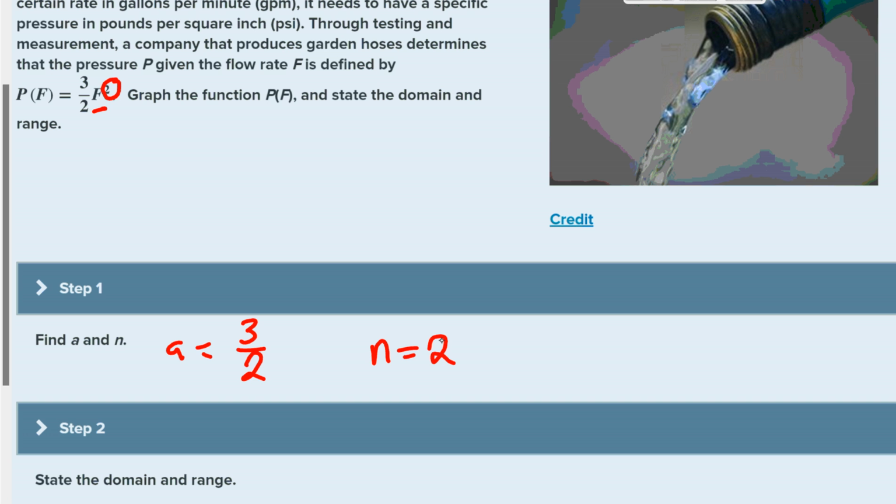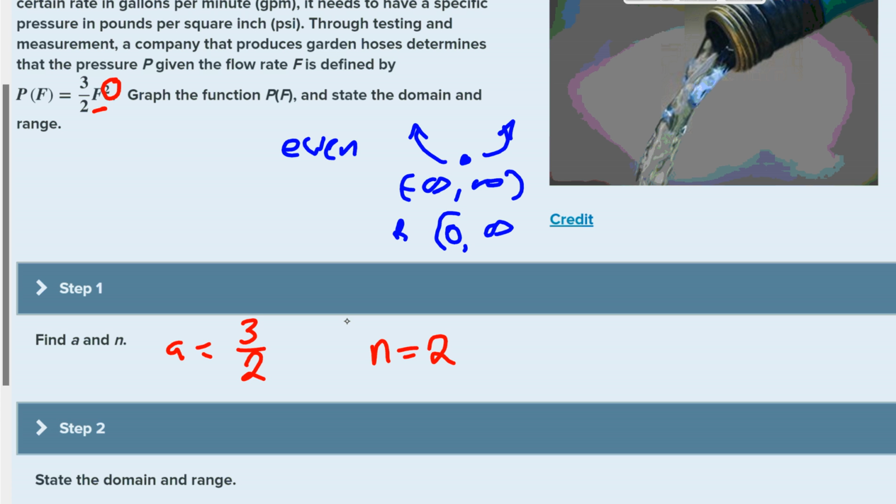So now that we have that, we can go ahead and state our domain and range. I didn't talk about this on the last problem, but I can identify the domain and range based on whether the degree is even. It's going to go on forever, negative infinity to infinity. Then our range would be from the lowest y value up, so it would be from 0 to infinity.